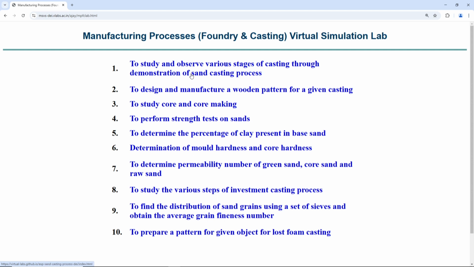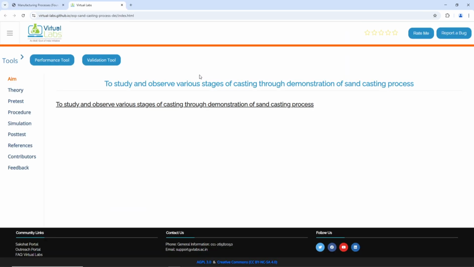The first experiment I will pick is to study and observe various stages of casting through demonstration of the sand casting process. I have clicked here on the experiment name itself. So, this experiment title was the link itself. You will see this screen that is open.